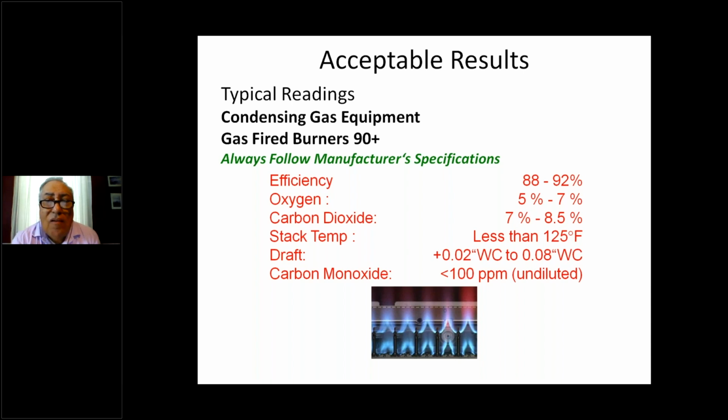If you're looking at a standard boiler, you're looking at mass. You're looking at hundreds of pounds of mass. You're looking at many gallons of water versus your condensing boiler, which is very lightweight and has very little water content.